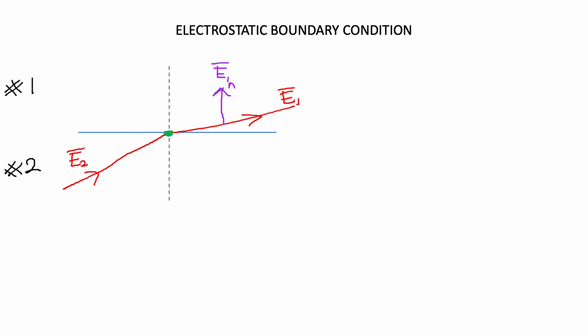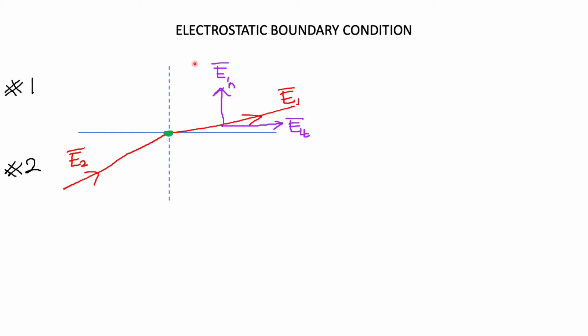So it makes 0 degrees with the boundary because it is parallel to the boundary. So now I will name it as E1t. So in the medium, E must have a normal and a tangential component to the boundary.